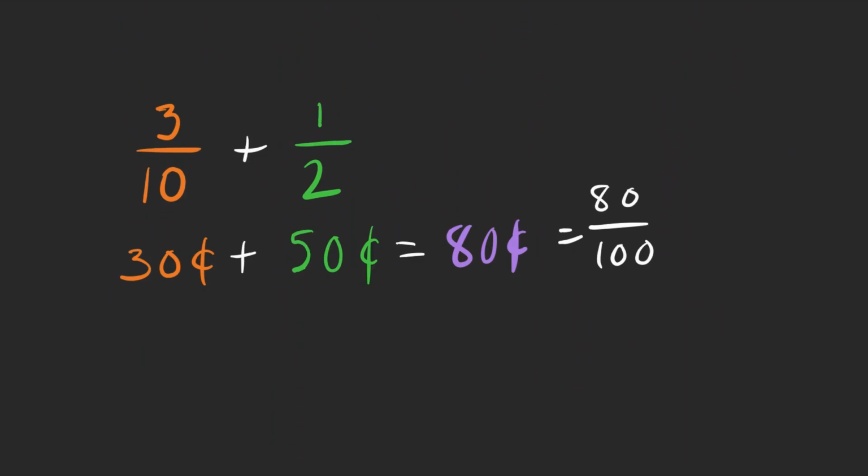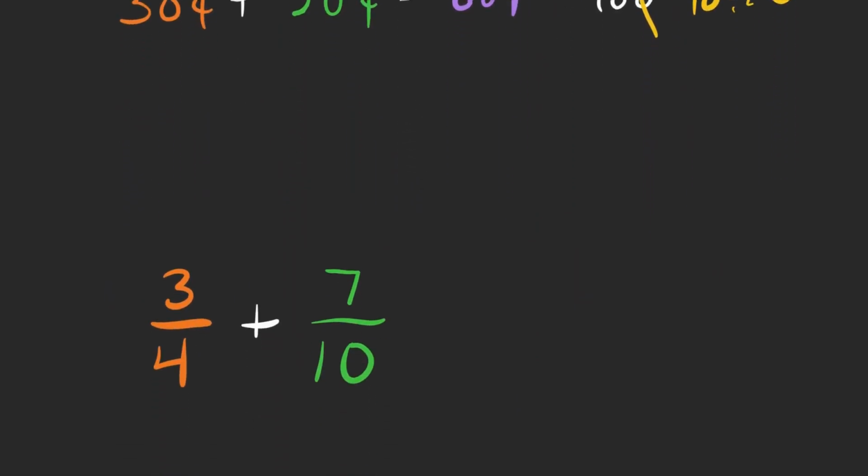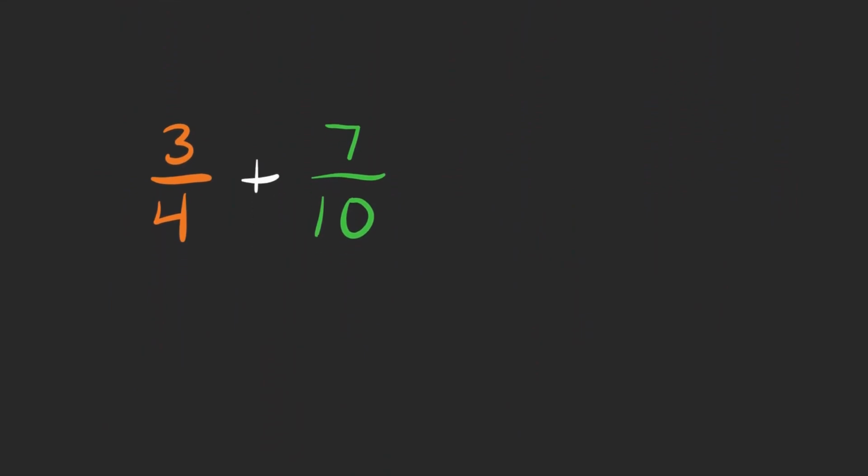And then we can reduce that, divide by 10, we get 8/10. Oh, and then they can each be divided by 2 again, and we get 4/5. So 3/10 plus 1/2 is 4/5. All right, let's move on to the last problem.